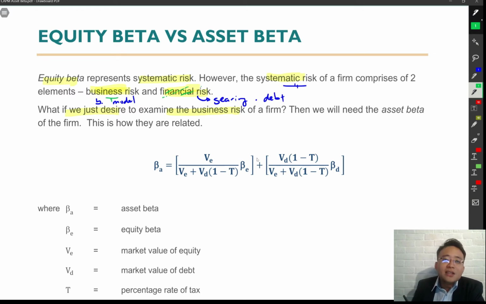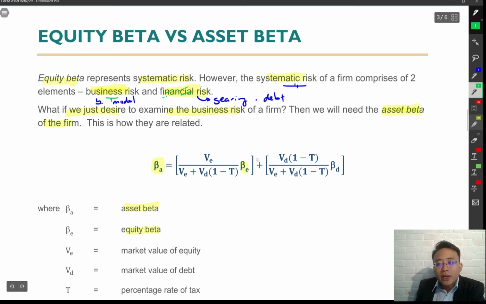If you really desire that, you do not want equity beta, you want another beta. It is called asset beta. You will want the asset beta of the firm. Now, asset beta is represented by beta with an A below, as you see here. Asset beta. My good old equity beta is here.